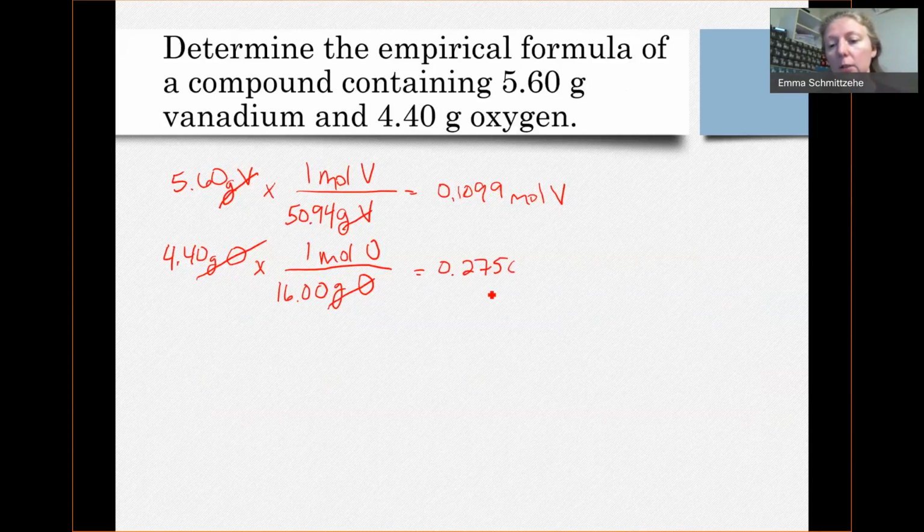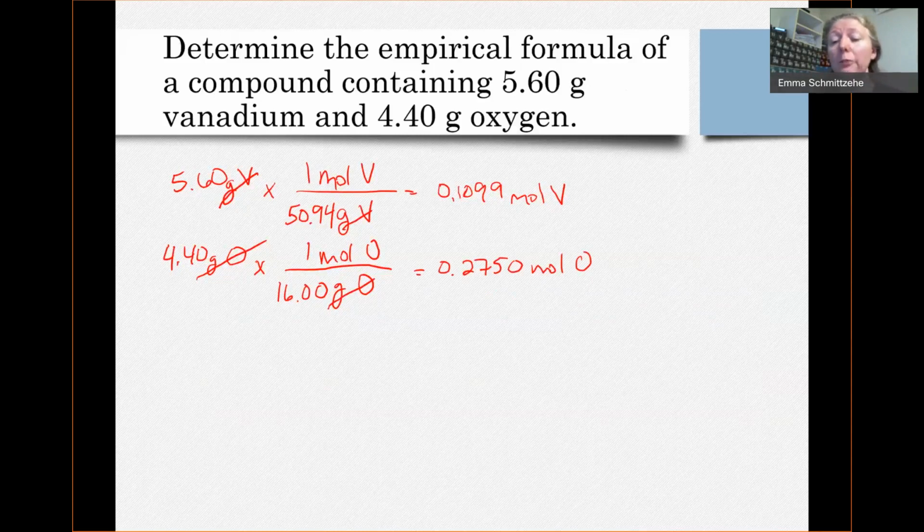I'll just tack on the 0 there. Like I said, I keep extra sig figs throughout just to make sure it doesn't introduce any excess rounding error. If you round too much when you're trying to do an empirical formula, you'll never get to whole numbers, okay? Or it might throw things off and you'll come up with the wrong numbers.